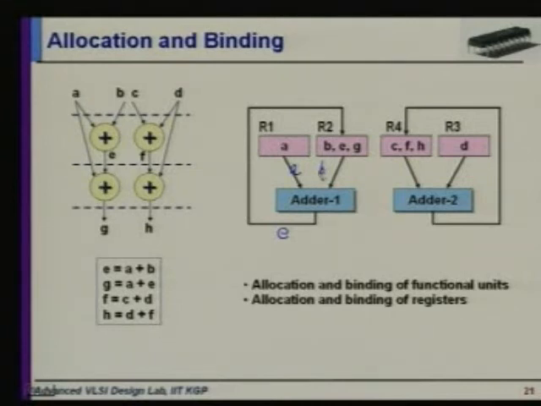In the next cycle I will take A and E and produce G here, and G will get latched onto the same register in the second cycle, right? Because at that time I don't need E anymore, so I can just latch G into it. So this is the act of binding: which variables get bound to which registers.